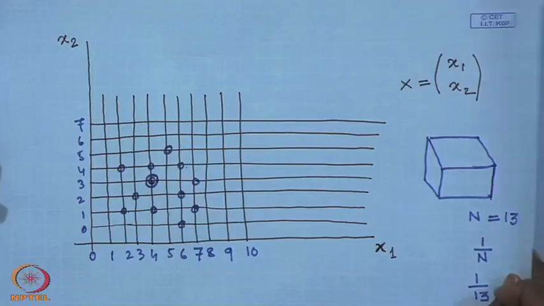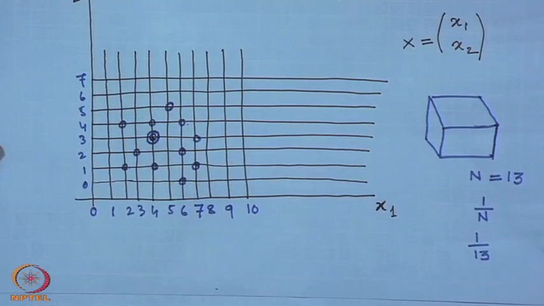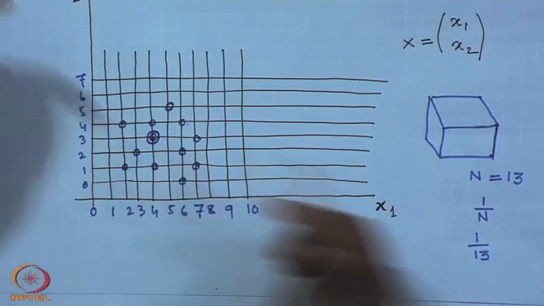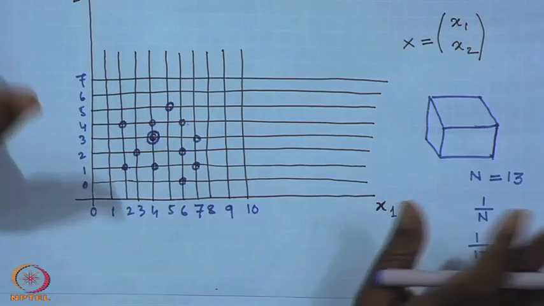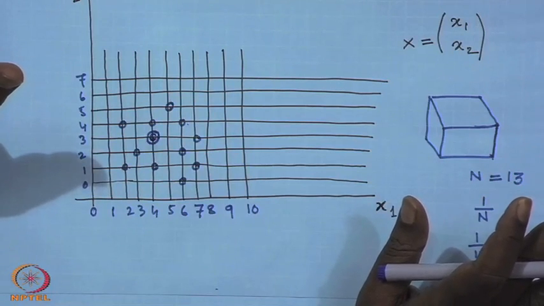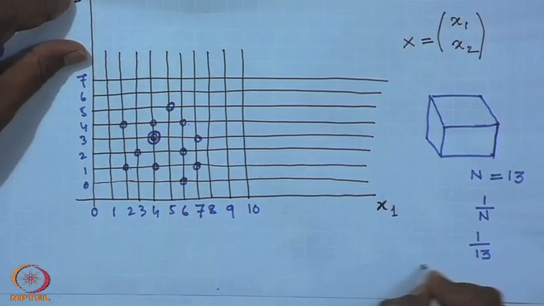To determine the height, I have to know the base area of this rectangular window. Let me assume here that this rectangular window is of base given by, let us say, 3 by 3.